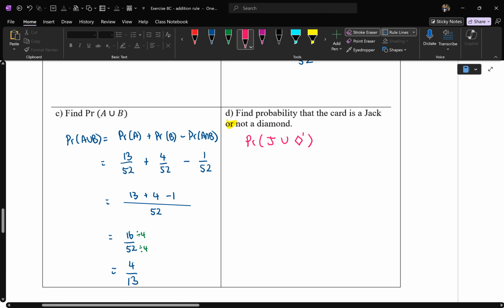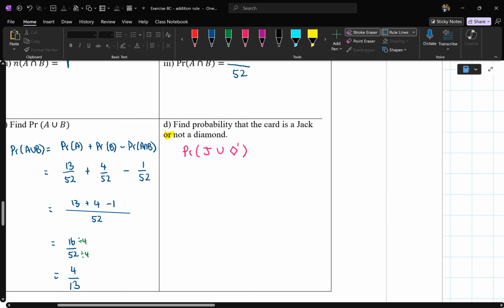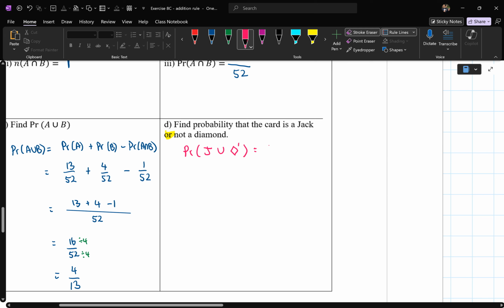All right, well, first thing is, because if we use the rule, it's probability of jack plus probability of not getting a diamond, and then minus the probability of getting a jack and not a diamond.